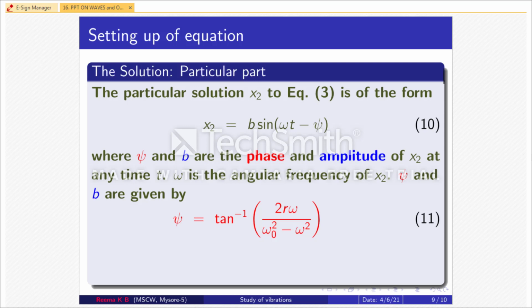Let's consider this as equation 11. Therefore, b = f0/[(ω0² − ω²)² + 4r²ω²]^(1/2). Let's consider this as equation 12.